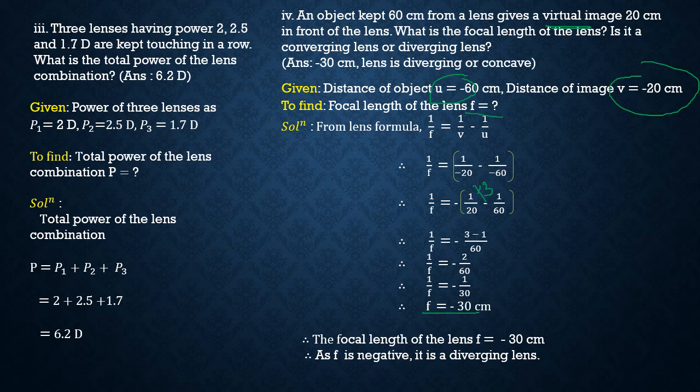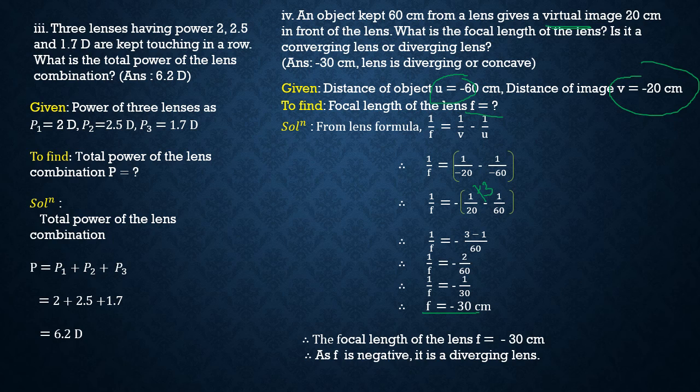I hope you have understood. This negative sign indicates that the focal length is negative. Negative focal length means the focus is on the left side of the lens, and the lens having negative focal length is the concave lens, and the concave lens is also called a diverging lens. Therefore the answer is a diverging lens.